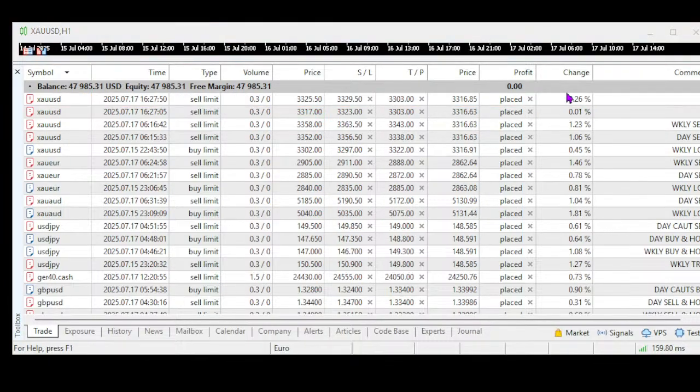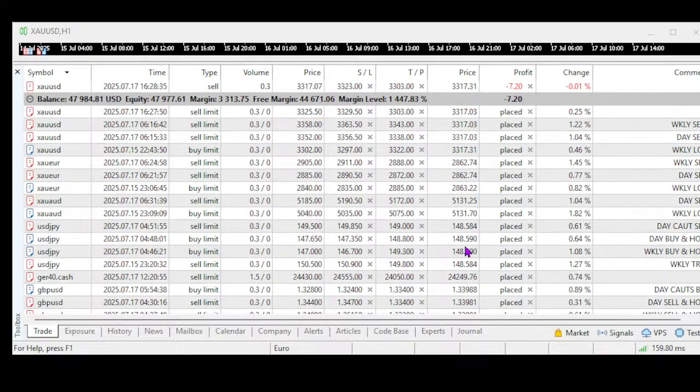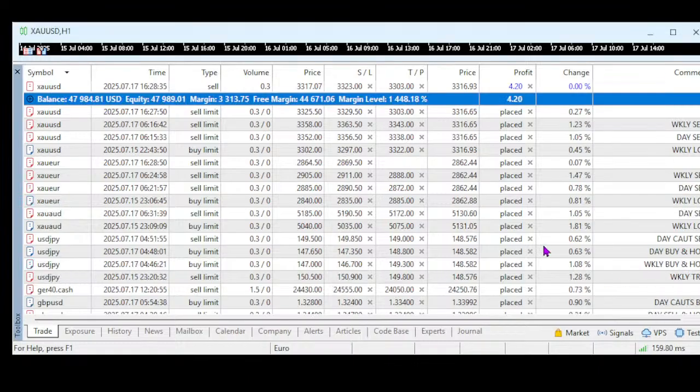Okay, selling, okay, 64 half. We'll put it as 64 half and 69 half. Okay, the TP I will give later.